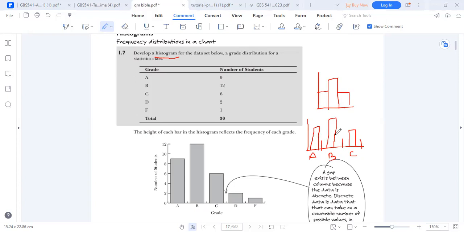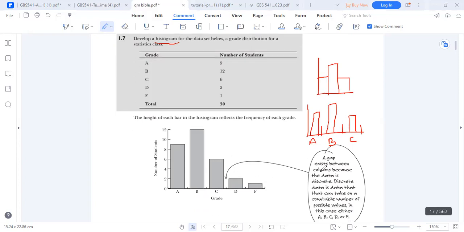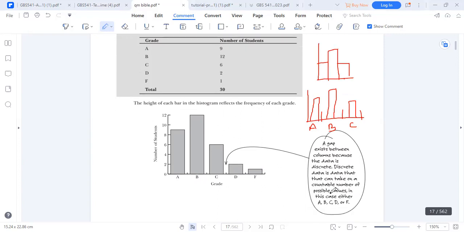But we can't mix these ones because if you get 74, you may end up being an A or a B. So this is a histogram, but there are gaps between the data here because these are countable possible letters A, B, C, and D. These ones are discrete.